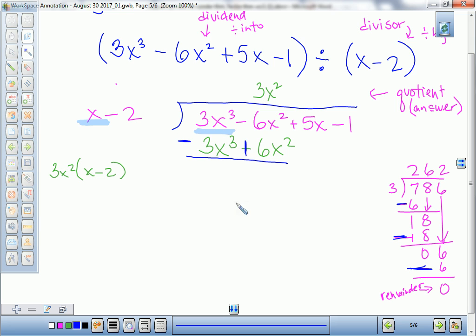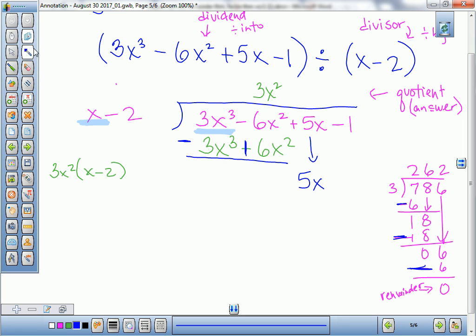Oh, now this one's cool. What happens here? 0. What happens here? 0. So we bring the next one down. Yes, ma'am. When you change the signs, you just change the signs at the bottom. Correct. Because we're subtracting this binomial from this. So we're just changing the signs of this one.